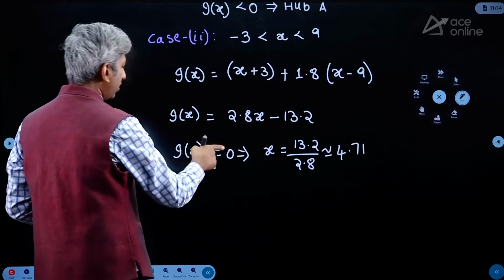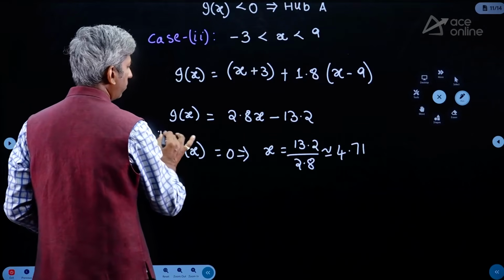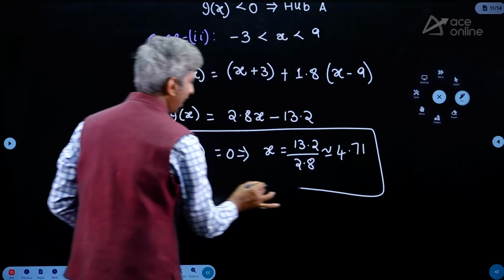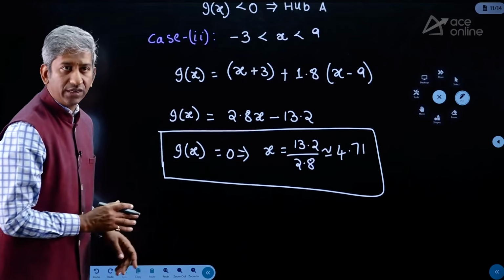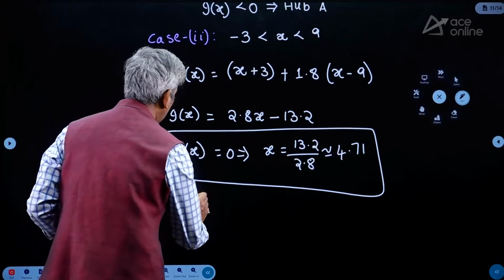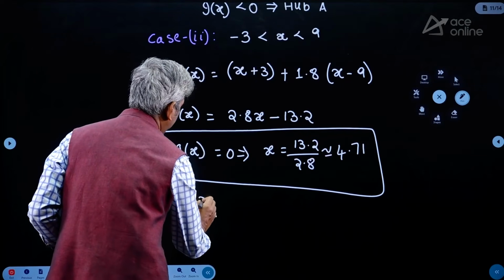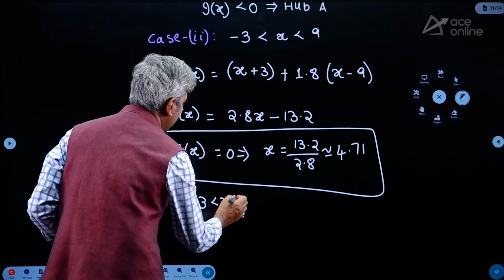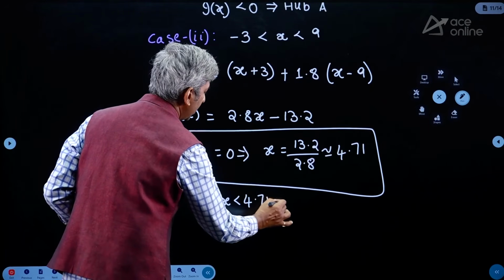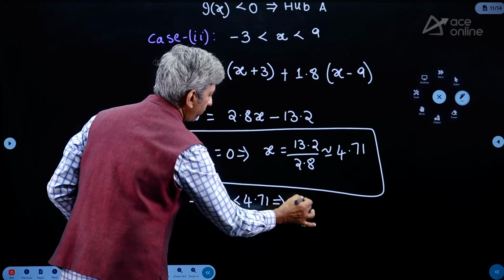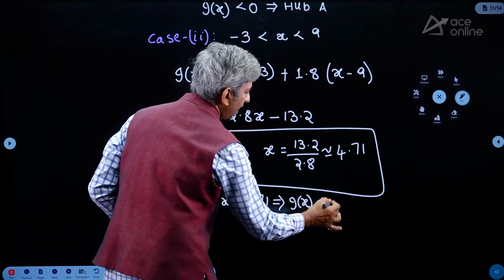So, because g of x equal to 0 is defined at x equal to 4.71, the obvious point here is that any value of x in between minus 3 to 4.71 gives g of x less than 0.